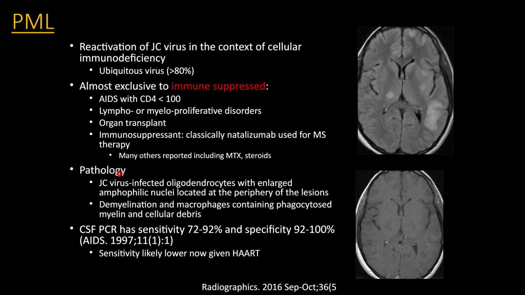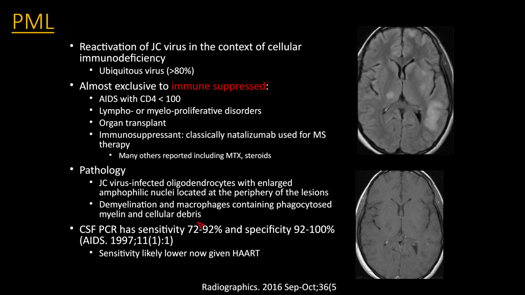Now, as for the pathology, you would see JC virus infected oligodendrocytes, and then there'll be some demyelination interspersed in that infection. As far as detecting it without histopathology or biopsy, which is obviously ideal, the mainstay is CSF PCR. If you see it on PCR in the CSF, it's very high in specificity, 92 to 100%.